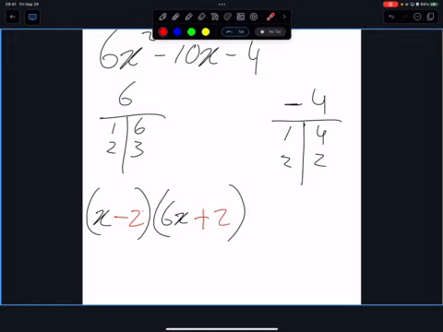The only way to find the answers is by practicing a lot. Minus 2 times 6 is minus 12. Plus 2 is minus 10. Minus 2 times 6, minus 12 plus 2, minus 10.